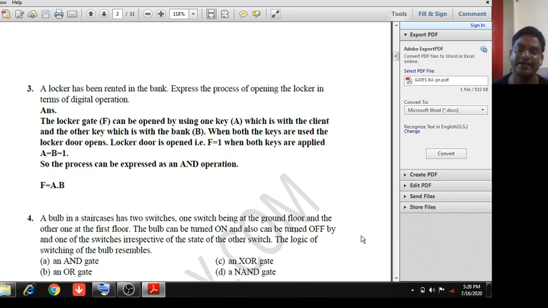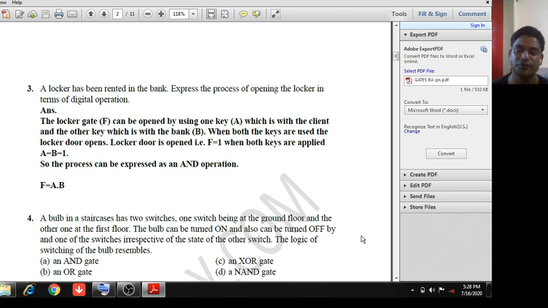In that case again the bulb will be on, 1 0. And if the first person does not press the switch, so 0, and the person on the first floor again does not press the switch, that is again 0. 0 0 means output 0.